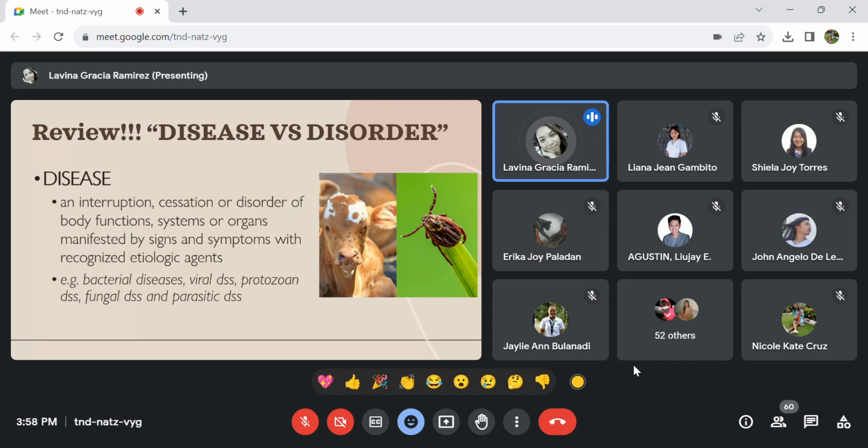However, the animal is still affected with such cause of disease, especially if it is caused by pathogens. That's why the examples here are pathogens, those biological causes of diseases, either bacterial, viral, protozoan, fungal, and parasitic diseases.